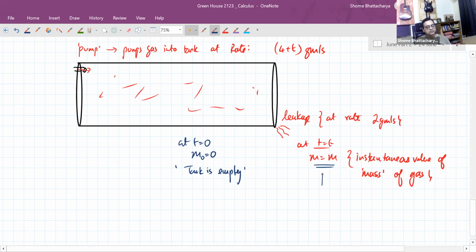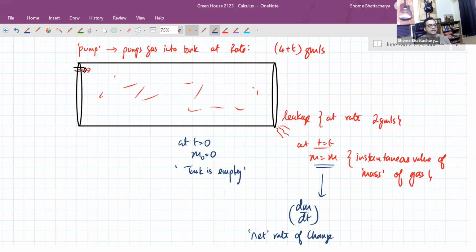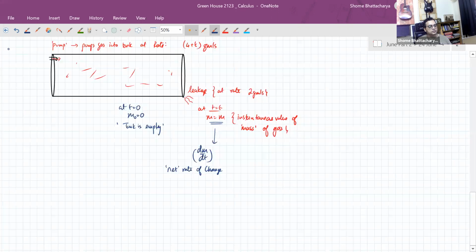So we can understand that the net rate of change of mass of gas with respect to time will be equal to the positive of the rate of pumping in minus the rate of leakage.